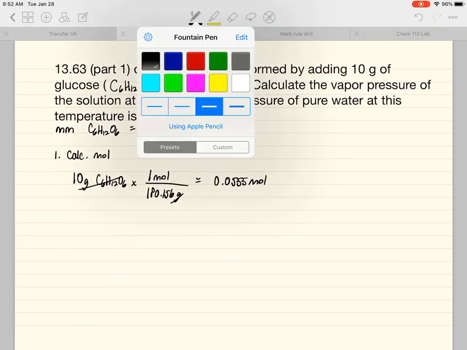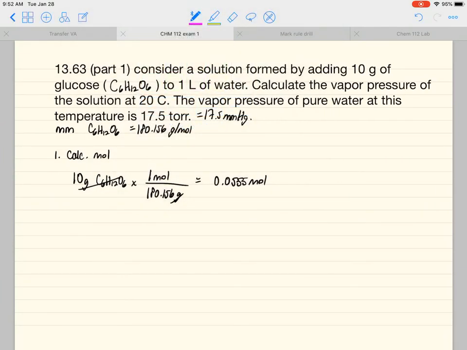Now, the other information we have here is that we have 1 liter of water, okay? And we need to calculate kilograms of the solvent. Now, 1 liter is the same as 1,000 milliliters. Okay. And we know that the density of water is 1. 1 gram of water is going to occupy a volume of 1 milliliter.